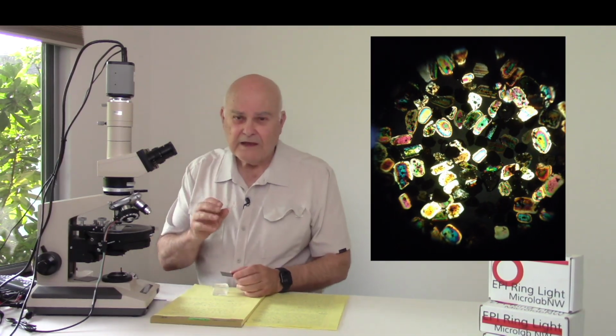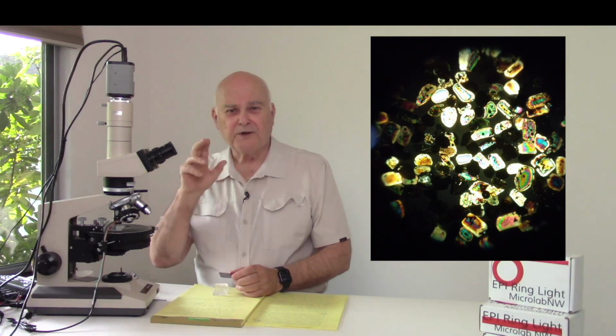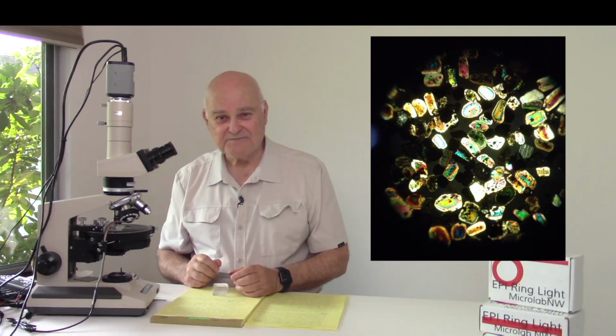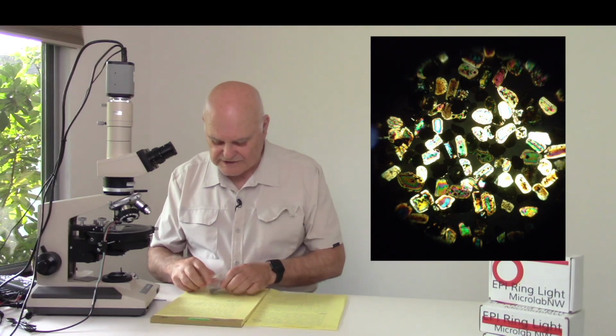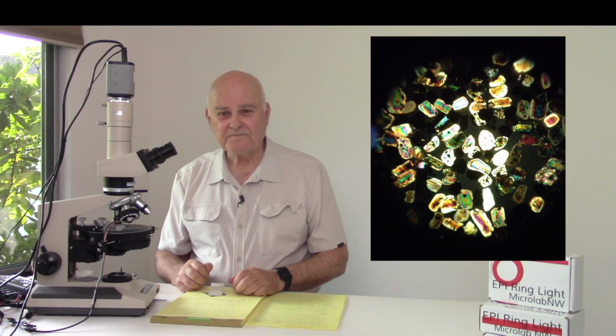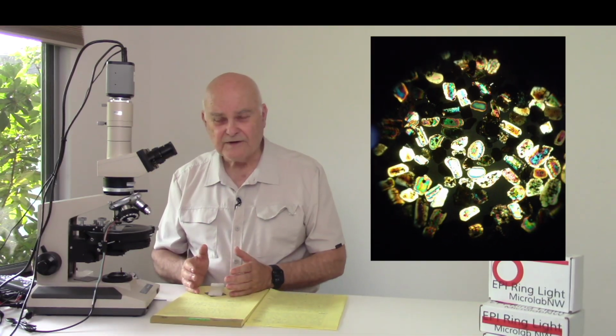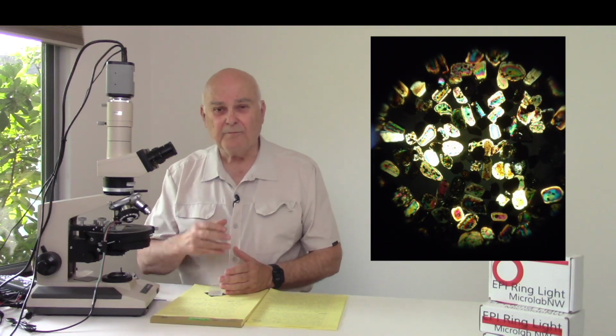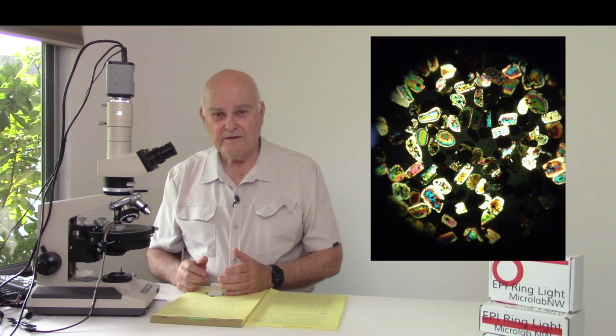Now, in order to see the multiple colors that you see quite often in these photographs, you need two polarizing filters. You need one polarizing filter below the object and another polarizing filter at right angles to that above the object.